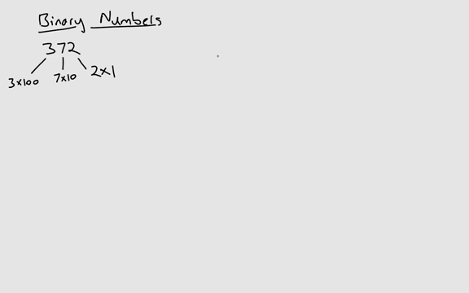The binary number system is really simple and similar. We just use noughts and ones. There are only 2 numbers in it. Let's take a number like 1, 0, 1, 1. What does that mean? Here we've got 1 times 1, just as in the decimal system. But instead of 1 times 10, we've got 1 times 2. Here we've got 0 times 2 times 2, in other words, 0 times 4.